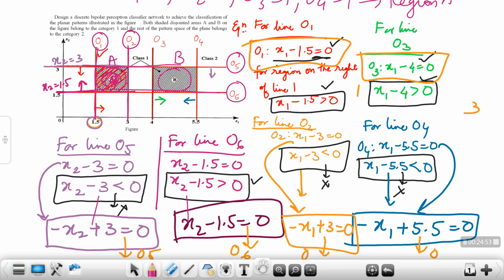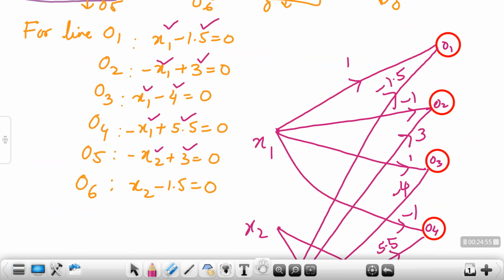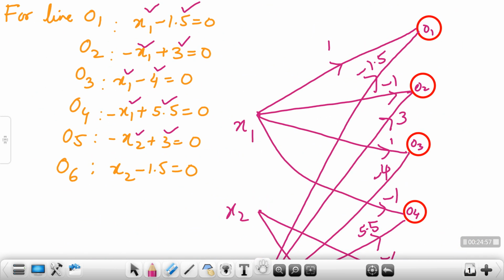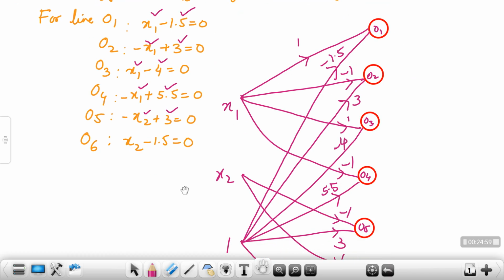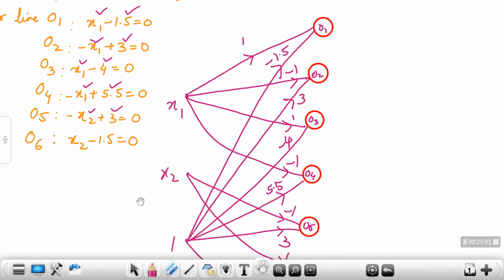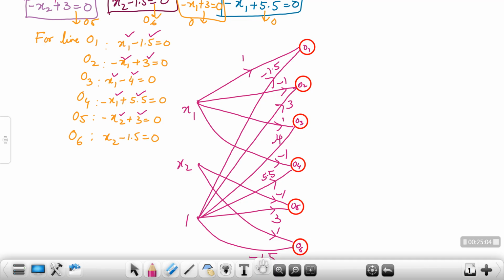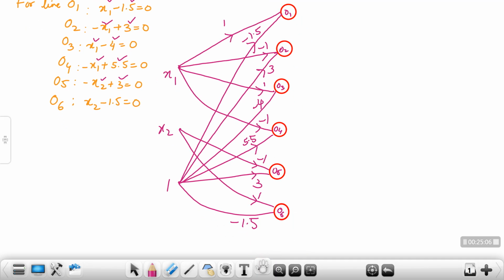So what we do here is that this neural network, which we have drawn, has to have one more layer.